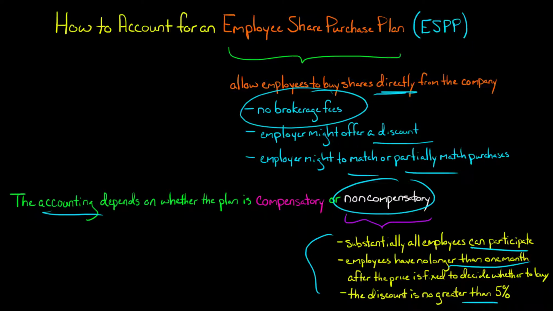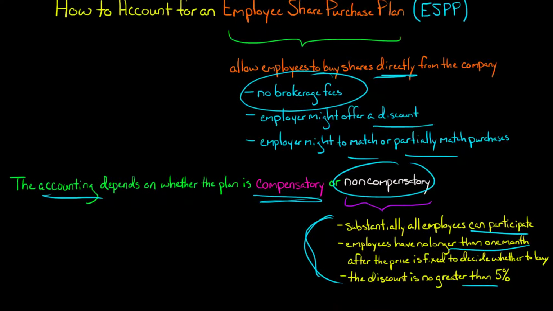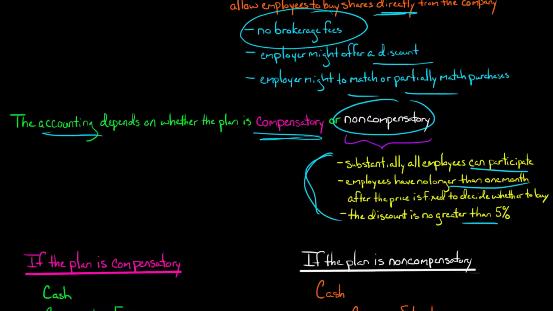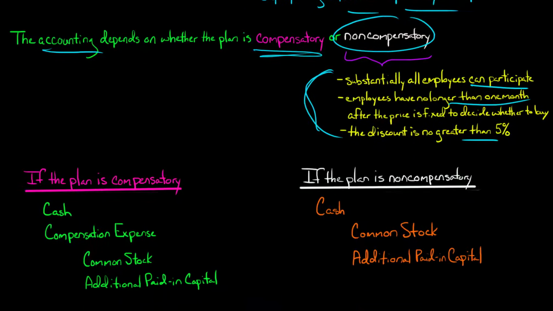Now, if these 3 conditions are not met, the plan is considered to be a compensatory plan, and it's accounted for like other share-based compensation plans. In that case, the company will have to record compensation expense. So if you don't have all 3 of these conditions met, it's a compensatory plan, and when employees buy shares from the employee share purchase plan, the company would debit cash for the cash received.